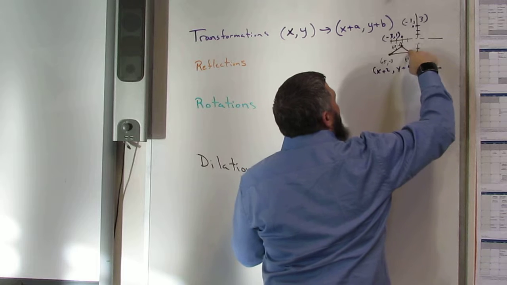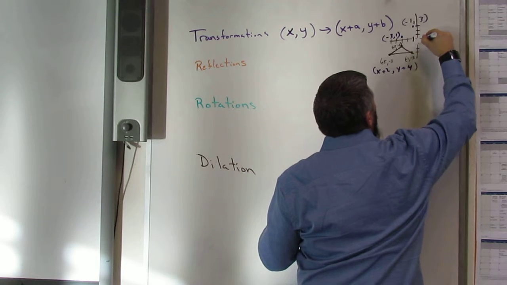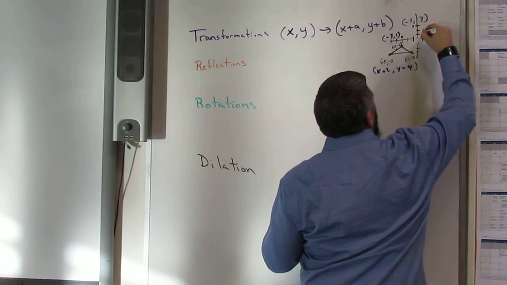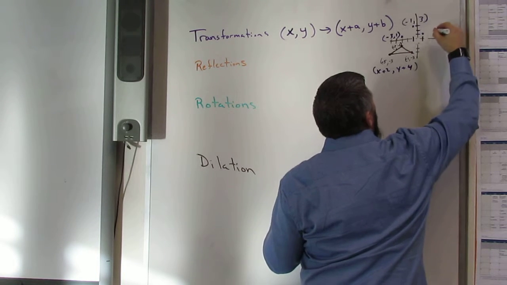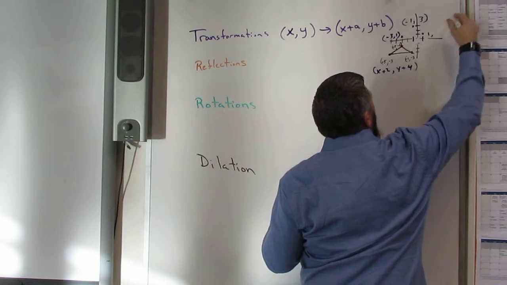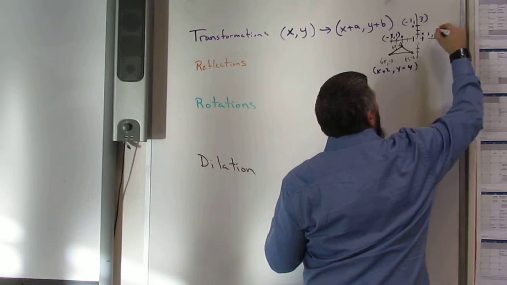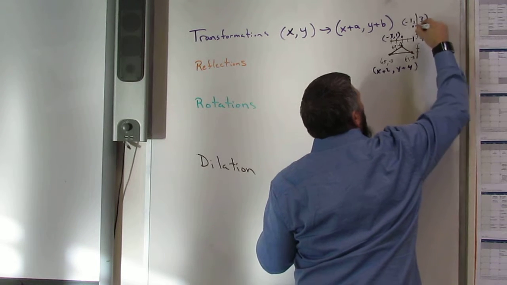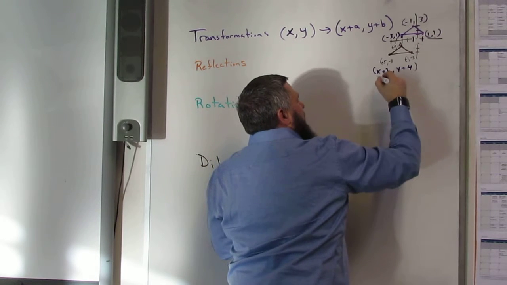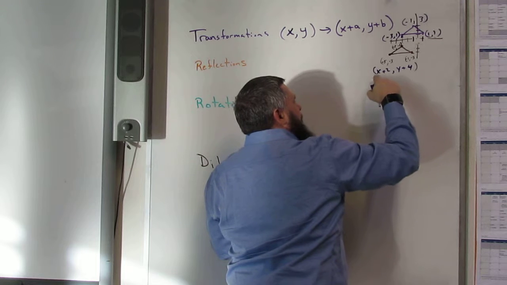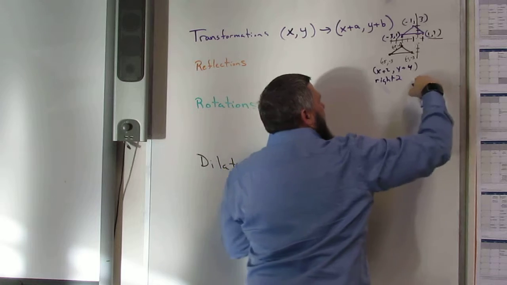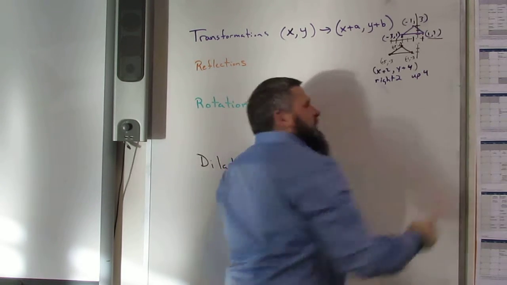I'm going to go right 2, so 1, 2, and up 4, 1, 2, 3, 4. So this one's going to become +1 and a 1. And then that's the translation here: right 2 and up 4.